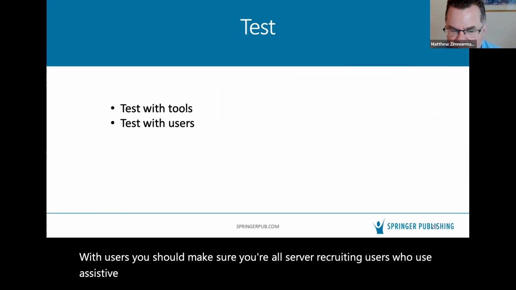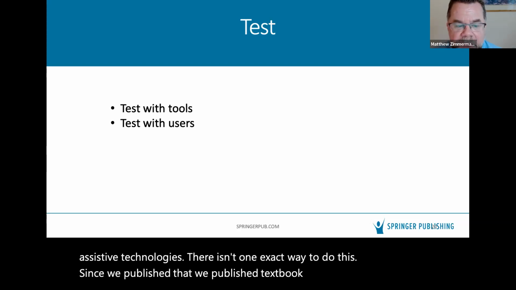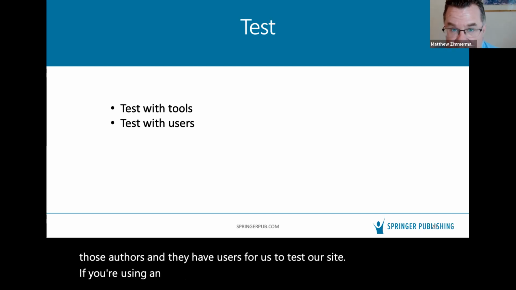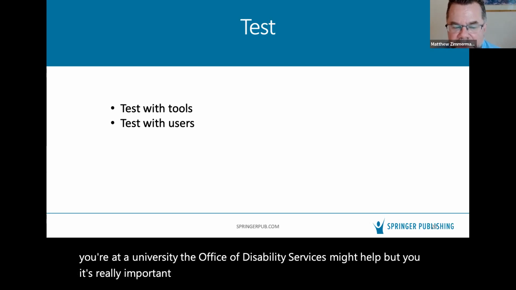There isn't one exact way to do this. Since we publish a textbook on accessibility, we work with those authors, and they have users for us to test our site. If you're using an agency to do testing, you can get them to request users. If you're at a university, the Office of Disability Services might help. But it's really important to put these things in front of real users and see how it works.